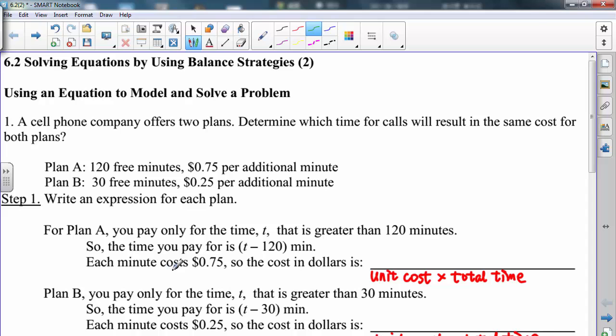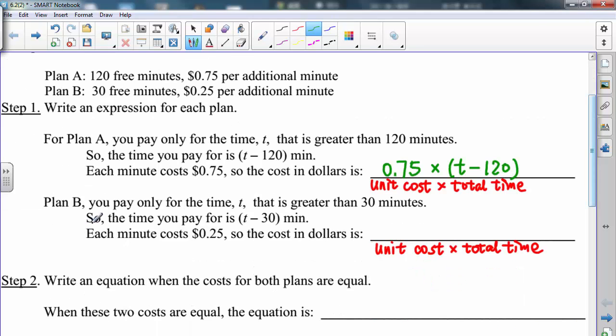Each minute costs $0.75. So the cost in dollars is unit cost times the total time. The unit cost is 75 cents times the total time you need to pay for, which is t minus 120 minutes. That's the total number of minutes you need to pay after you enjoyed 120 minutes for free.